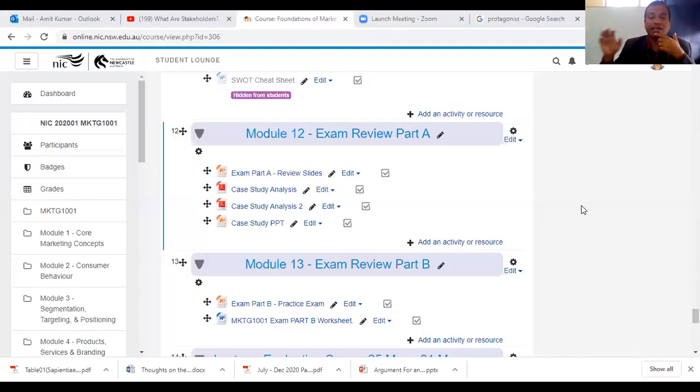It's under module 12. Can you see that cases? Module 12, case study analysis, case study analysis 2, and then your case study PPT. It is there.